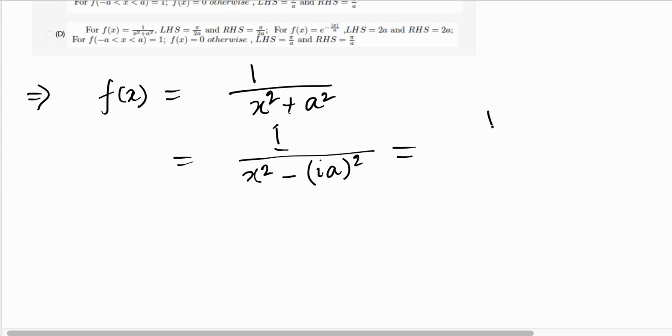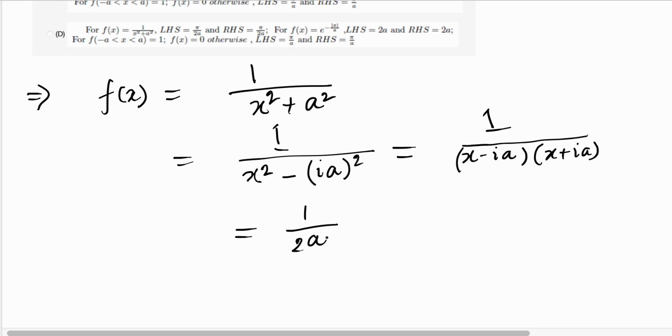Now we can also write it in this way: 1 by (x minus ia)(x plus ia). Now I can divide this by 2ia, into 2ia by (x minus ia)(x plus ia).